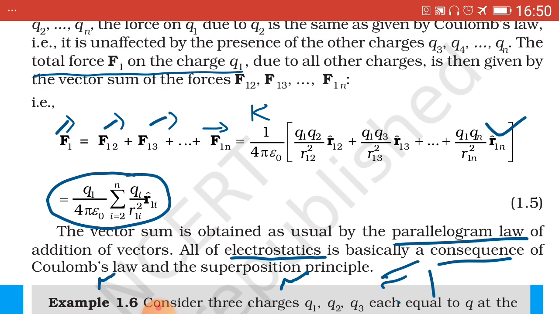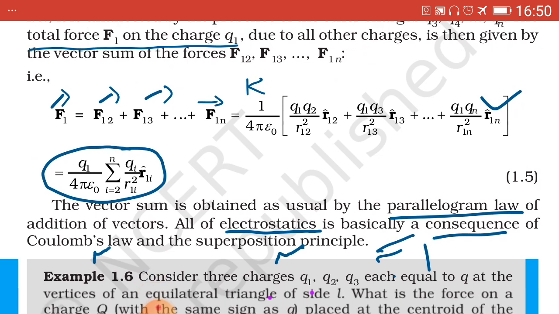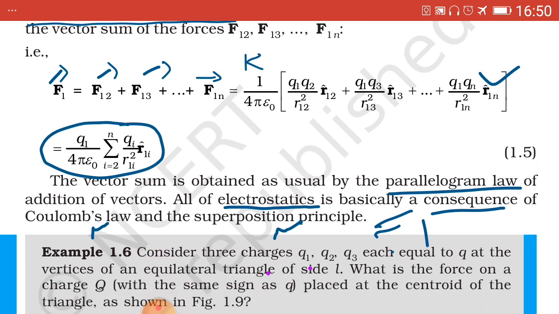This term is important, which I have tick marked, which is equal to, in sigma form, q1 upon 4 pi epsilon 0, that is k into q1 is taken common, sigma qi upon r1i square into r1i hat, where i equal to 2 to n. That is equation 1.5 in the most simplified form.